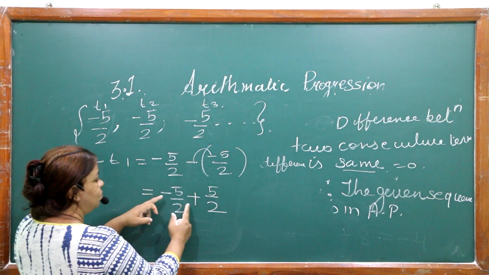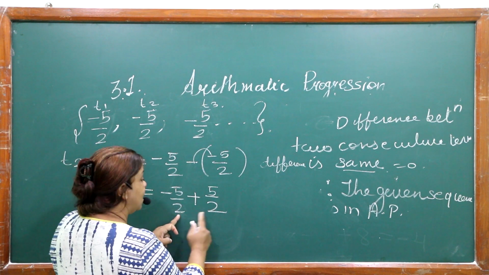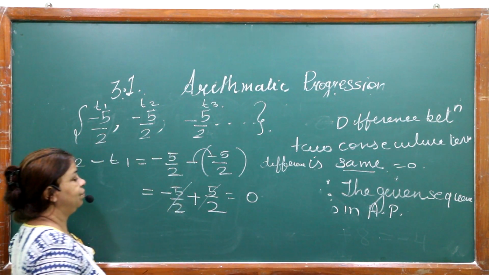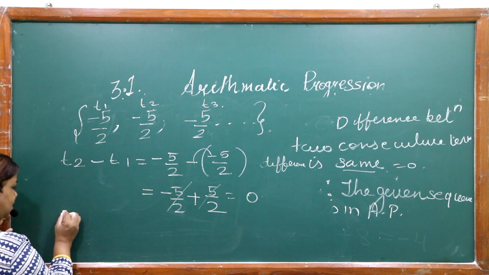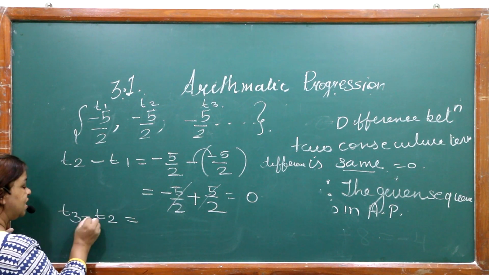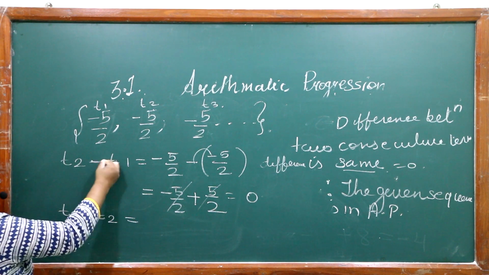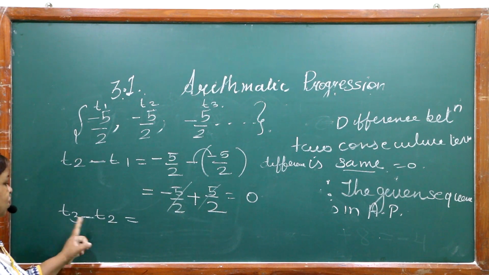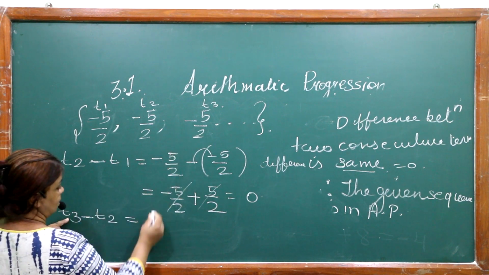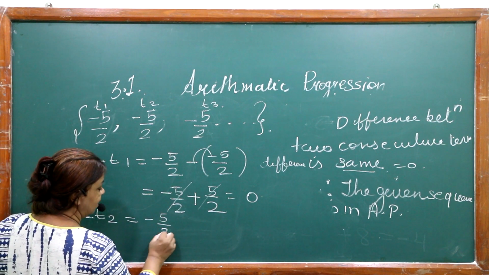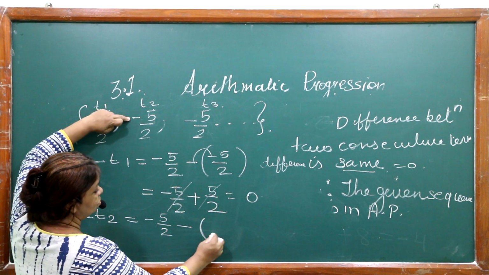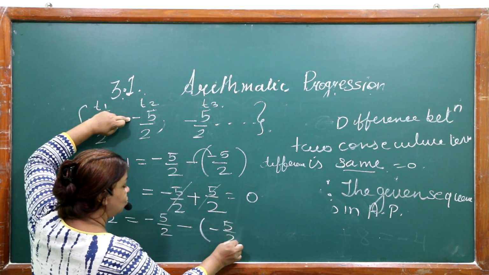Both are opposite in sign and the magnitude is the same. Therefore, they get cancelled and you get 0. Now next, term 3 minus term 2. This is known as the difference. Difference means minus between the two consecutive terms. T3 is minus 5 by 2 again, minus, then term 2 minus 5 by 2.